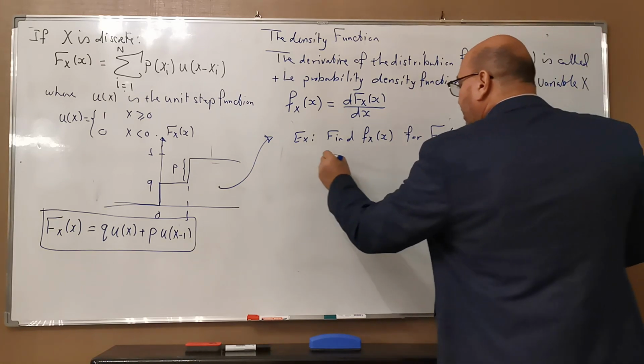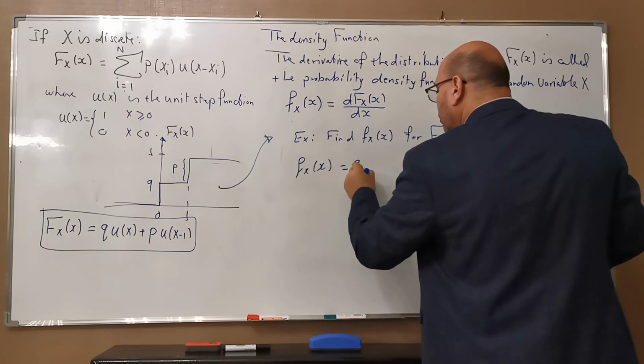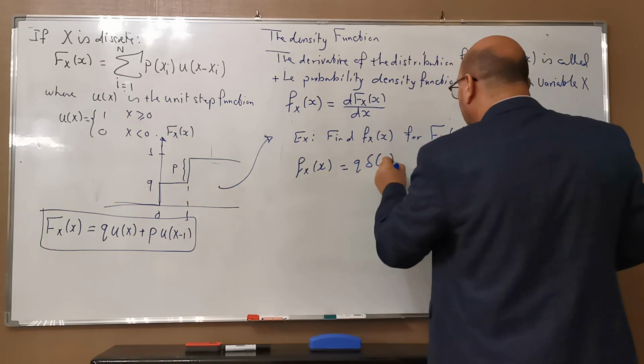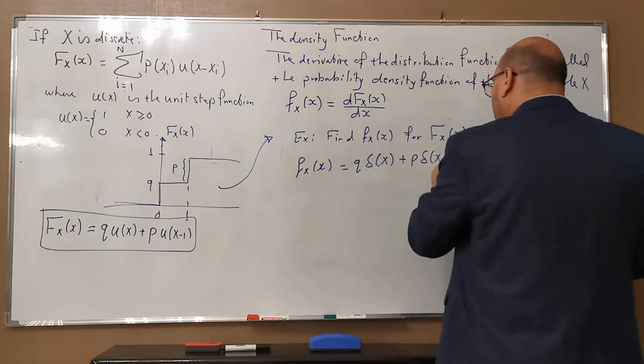We can say that fx of x is equal to q delta of x plus p delta of x minus 1.